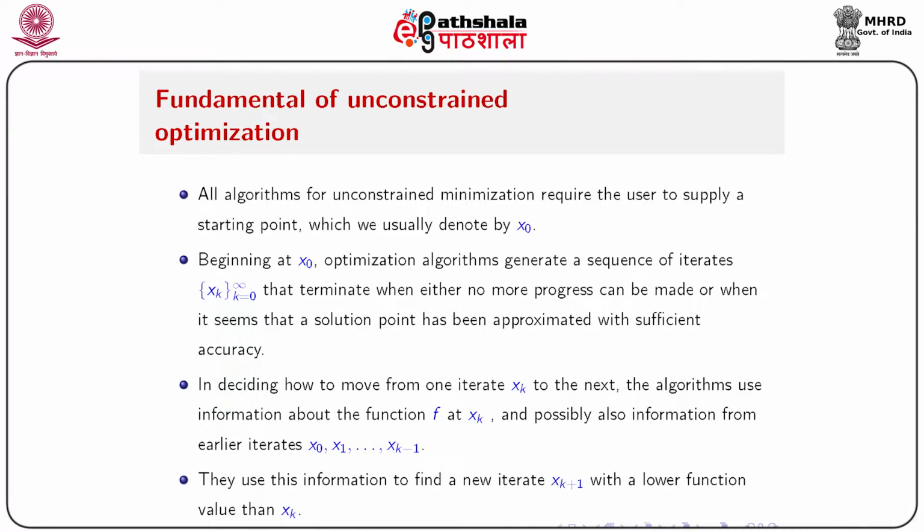In deciding how to move from one iterate xk to the next, the algorithms use information about the function f at xk and possibly also information from earlier iterates, say x0, x1, up to xk minus 1. They use this information to find a new iterate xk plus 1 with a lower function value than xk.